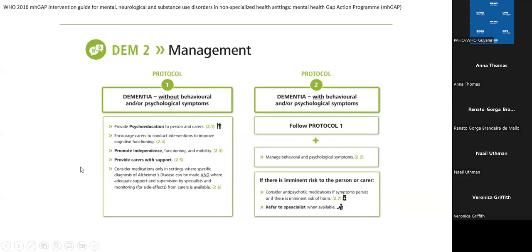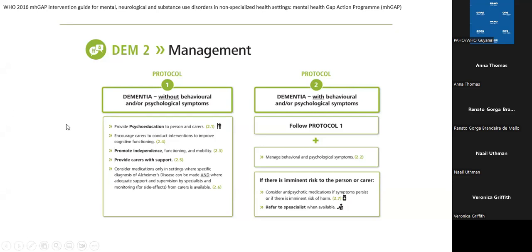Because specific medication for Alzheimer's disease may cause more harm than benefit, especially because there is little evidence of treatment effectiveness. The clinical impact of these treatments is very small.